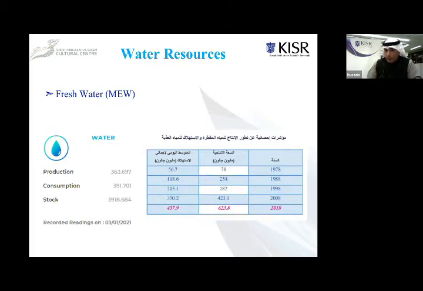But now, in 2018, the produced capacity is 623.8, while the consumption in 2018 is 437.9 million gallons. That's a risky issue if we are relying on the desalination and production of fresh water on a daily basis.